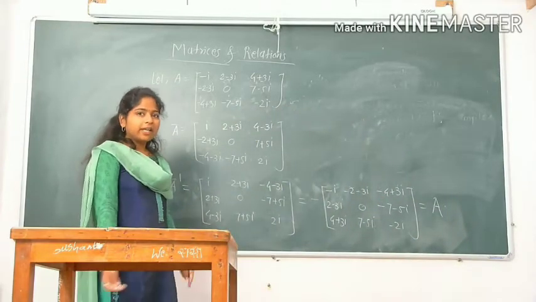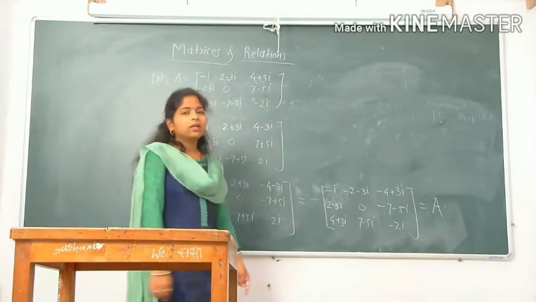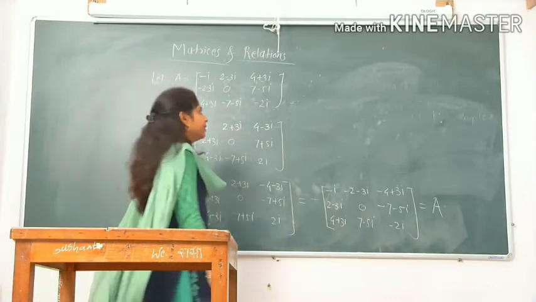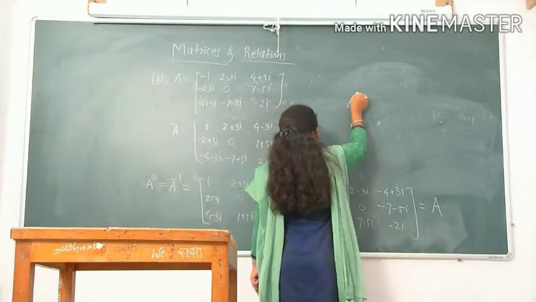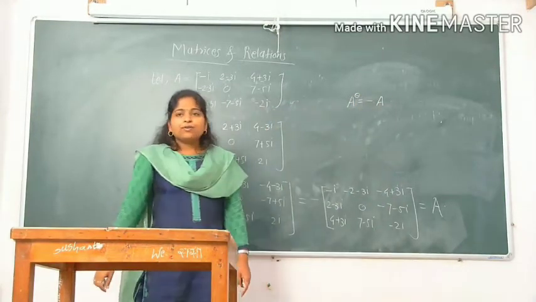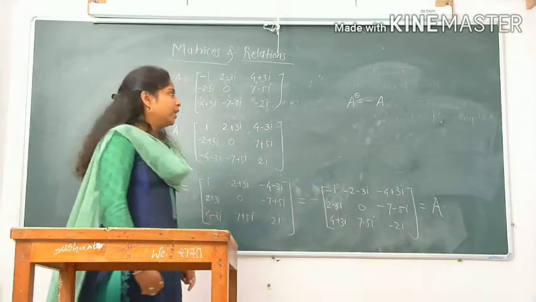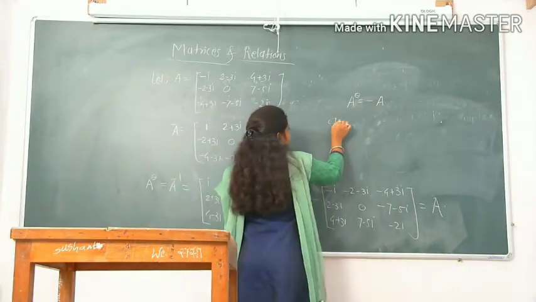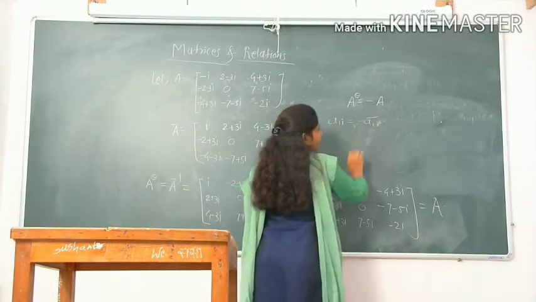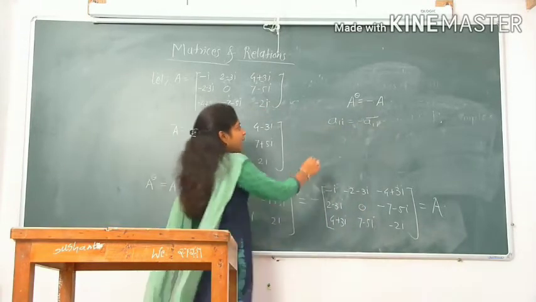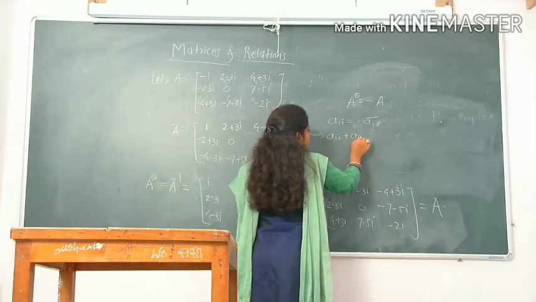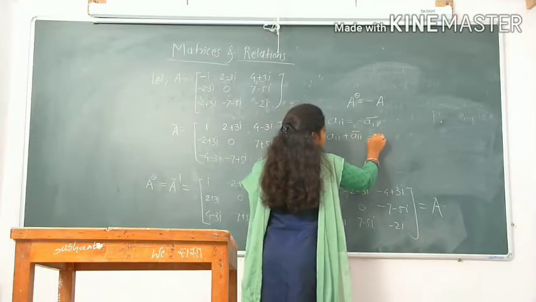That is, if A is a skew Hermitian matrix, then we get A raised to theta is equal to -A. Also, from the definition, we have a_ii is equal to -a_ii bar, which implies a_ii plus a_ii bar is equal to 0.